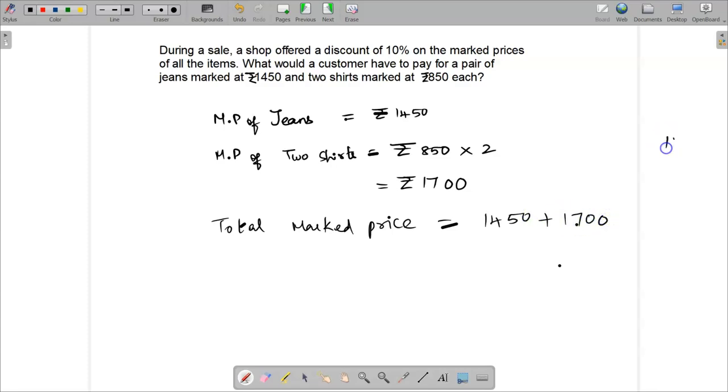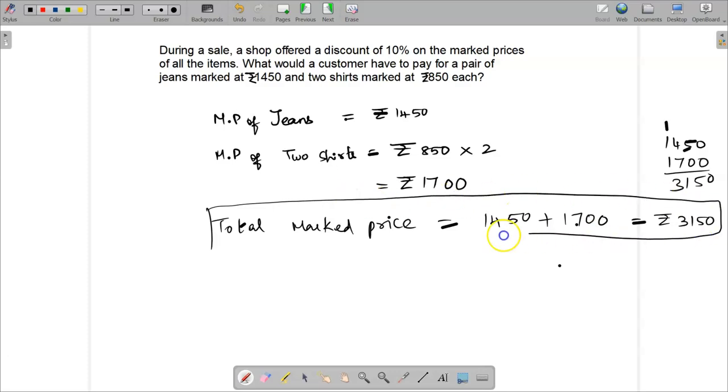So 1450 plus 1700. 0, 5 plus 0, 5, 7 plus 4, 11. So here it is 1, 3, right? So 3150. So the total marked price is rupees 3150. That is, while we add both the amounts of jeans as well as two shirts, it is nothing but 3150. Now it is the marked price.